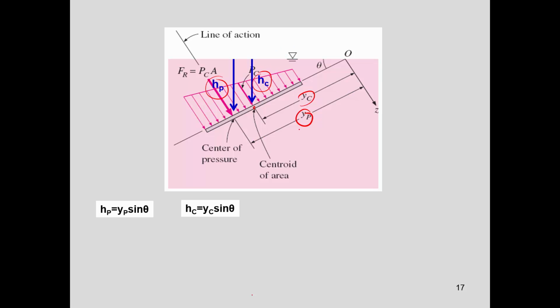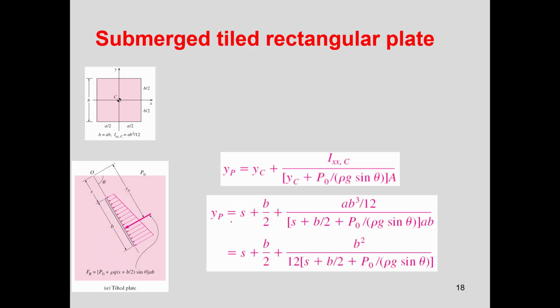The pressure you don't calculate at this distance YP or YC. You use this, because hydrostatic pressure is based on vertical height. So HP, and this is your angle here, is YP times sine of theta, and HC is YC times sine of theta. So that's what you need to keep in mind. But it's the same process.